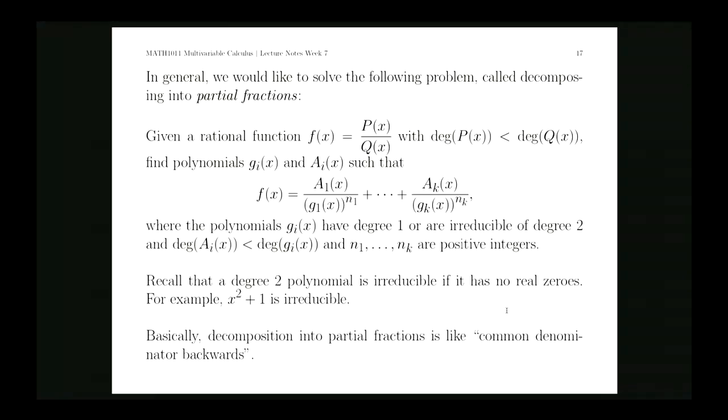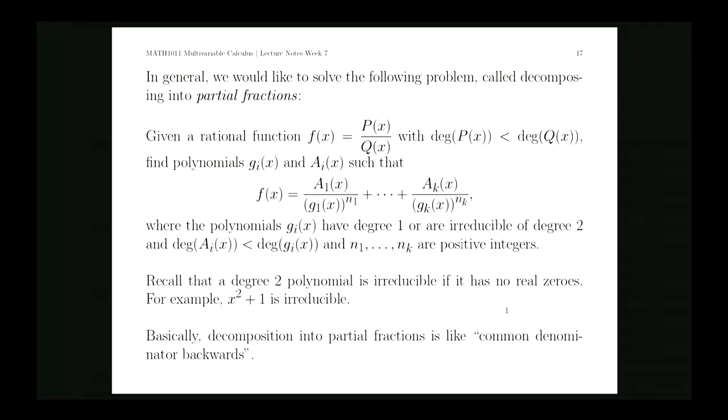So in general, we have this problem. We would like to solve the following problem called partial fraction decomposition or partial fraction expansion, or just call it partial fractions, make life easy. Given a rational function, so a ratio of two polynomials, where the degree of the top is strictly less than the degree of the bottom. That's the first thing to check.